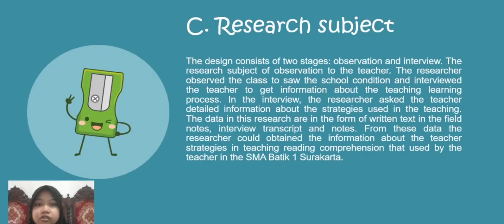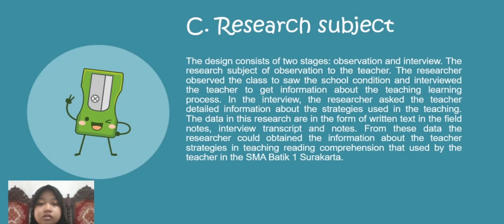And next, research subject. The design consists of two stages, observation and interview. The research subject of observation is the teacher. The researcher observed the class to see the school condition and interviewed the teacher to get information about the teaching learning process. In the interview, the researcher asked the teacher for detailed information about the strategy used in teaching.